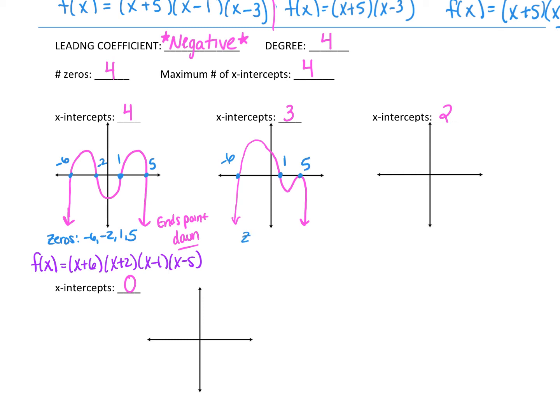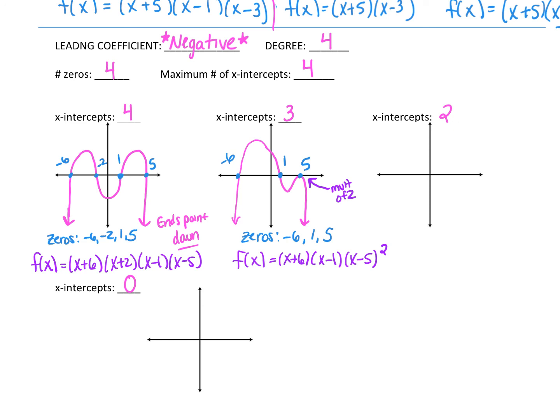So my zeros are -6, 1, and 5. So for my function, that means I would have x plus 6, x minus 1, and x minus 5. But remember, it needs to be degree 4, and right now I only have 3 factors. Again, when it just touches, we call this a multiplicity of 2, so that means my x minus 5 is going to be squared.